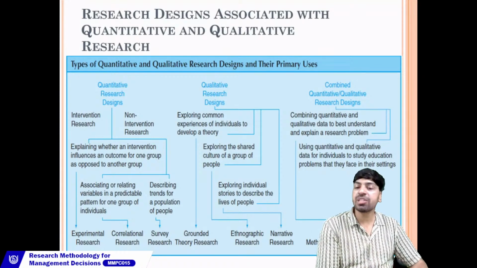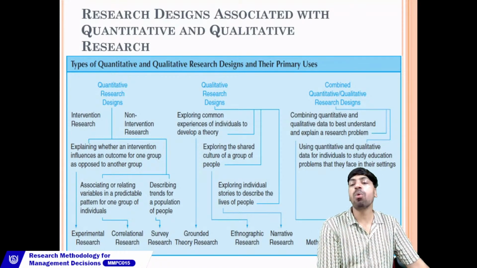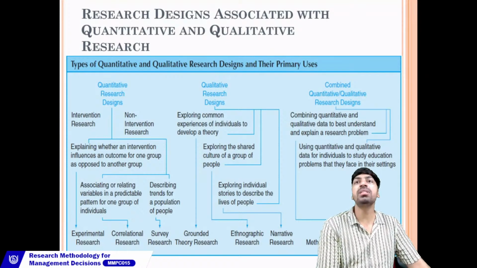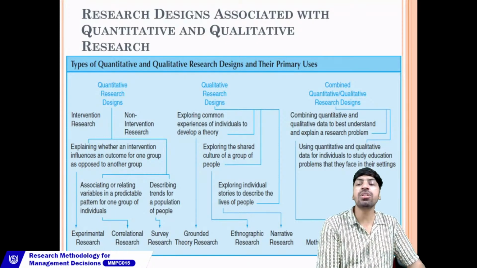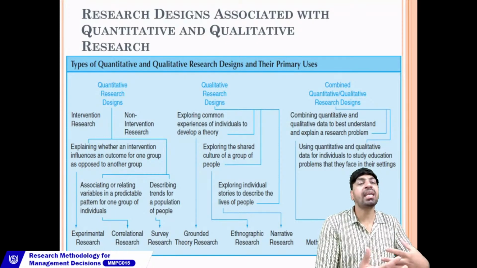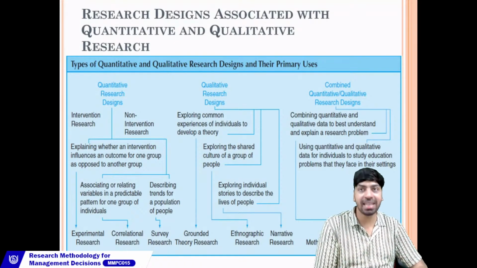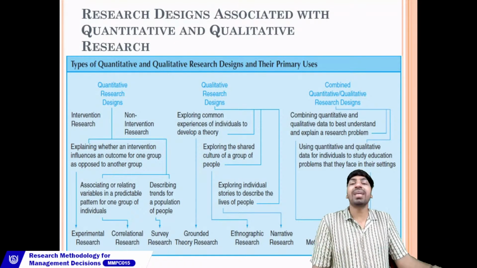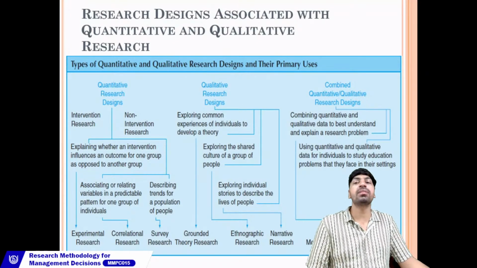When we talk about action research, using both quantitative and qualitative data, individuals are able to sort out or solve the educational problems they face in their own educational settings or institutions. That's called the action research design.